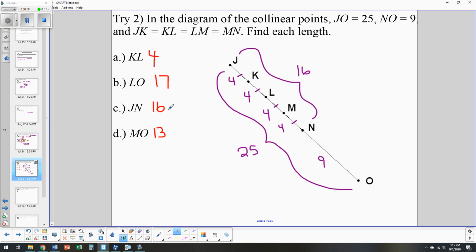All right, so I filled in the whole diagram, and then I found KL is 4, LO is 17, JN is 16, and MO is 13.